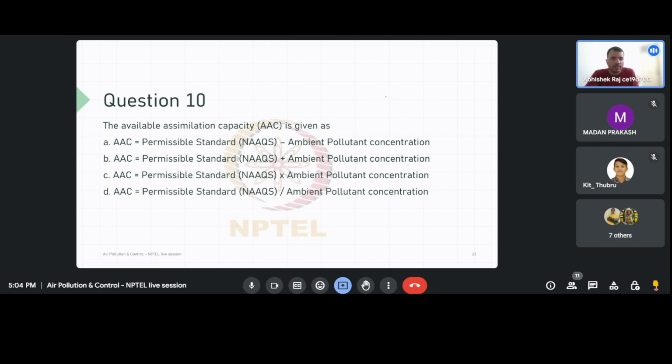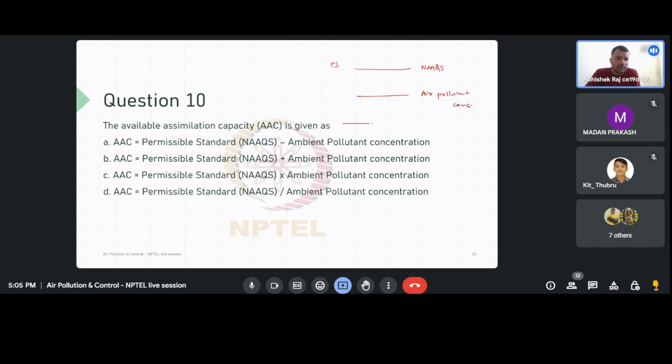Let's say this is the standard as per NAAQS. This is the permissible standard here. Let's say we have the air pollutant concentration at this level.